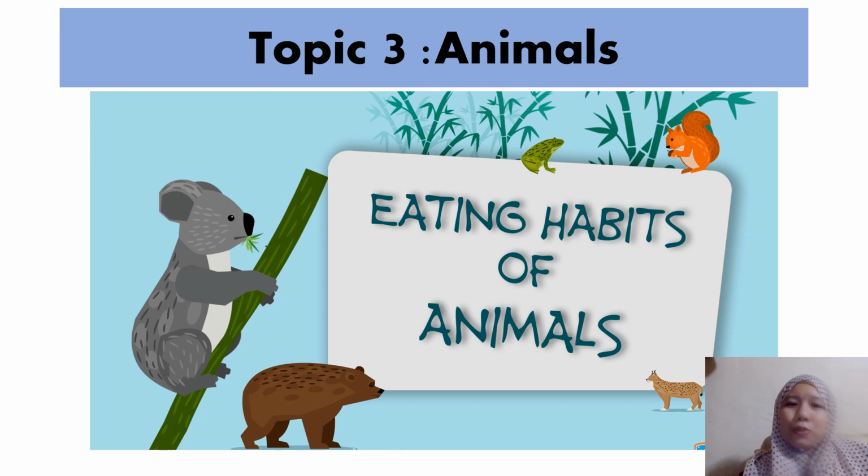So today I am going to teach you a new topic that is under the topic of animals. In this topic, what you are going to learn is the eating habits of animals. What does it mean? Okay, it means what animals eat. You can see from my slide, there are a koala bear, a frog, and also a squirrel.